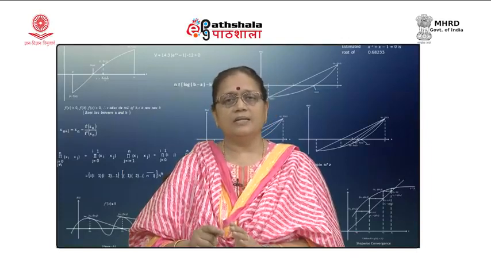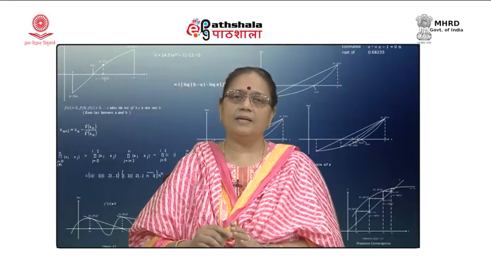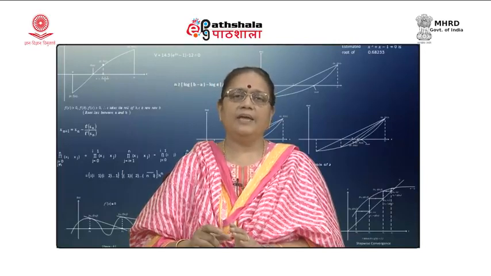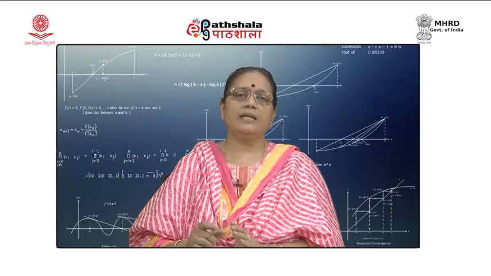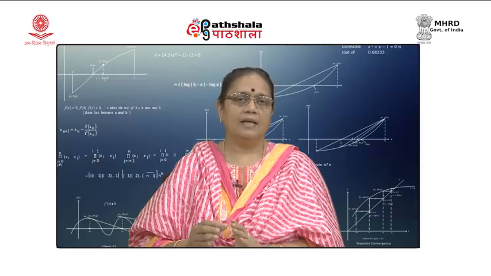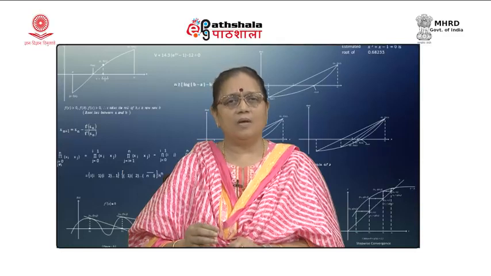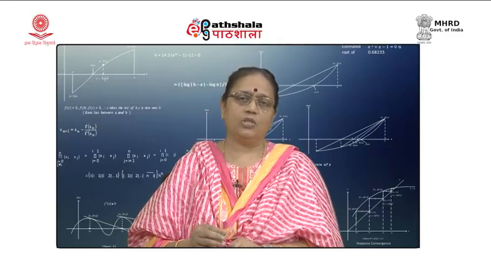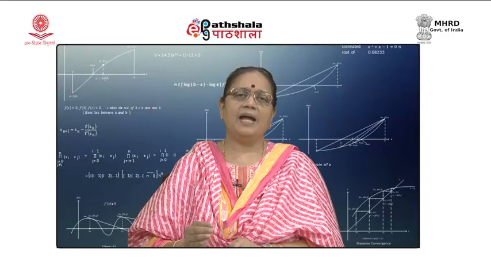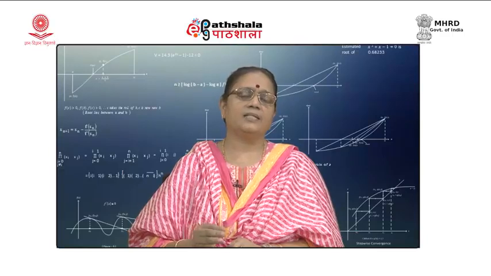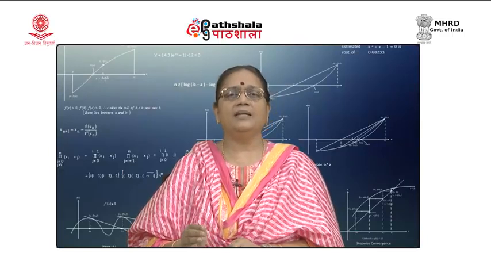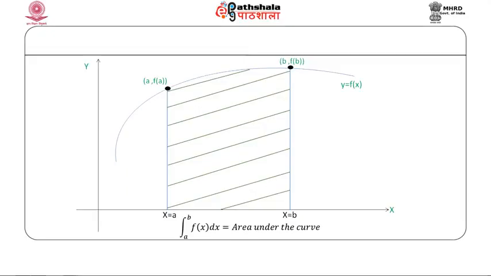So, the integral is defined as the limit as delta x tends to 0 of f x into delta x, which gives you the areas of rectangles of very small size, the strips we frame under the curve, where the width of the strip tends to 0. F x into delta x is the area of those strips, and we add the areas of those strips in the limiting sense as delta x tends to 0, which is the value of the integral of the function.